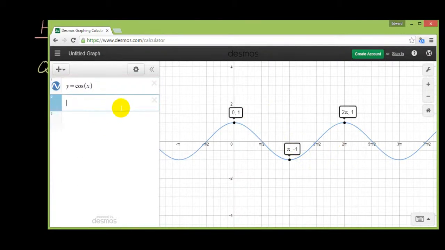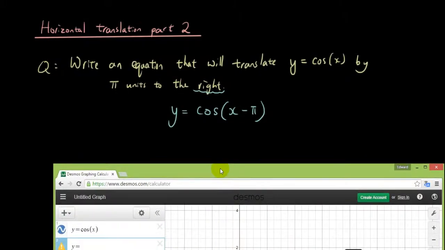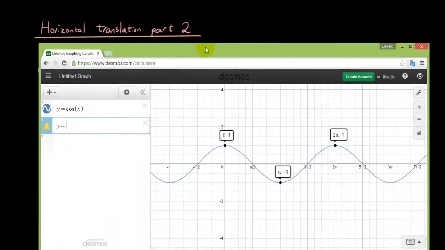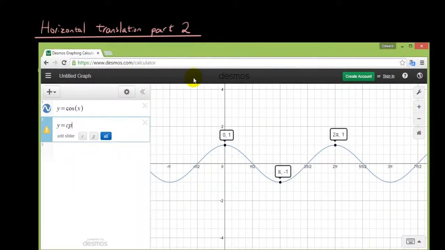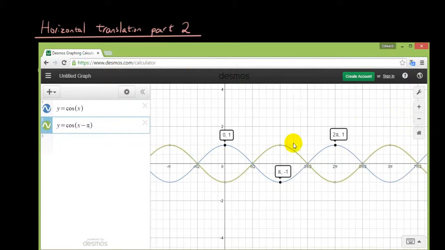Now, what I'm going to do is translate this curve to the right by pi units. So I'm going to write cosine of x minus pi. And now let's have a look at our key points. We have originally when x is 0, y is 1. Now, when x is pi, y is 1.